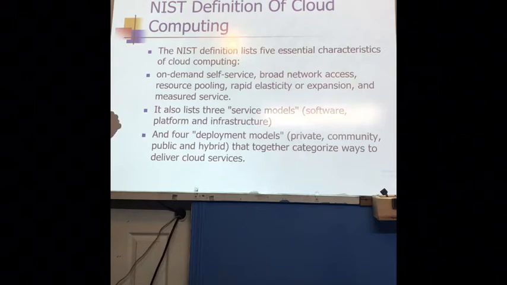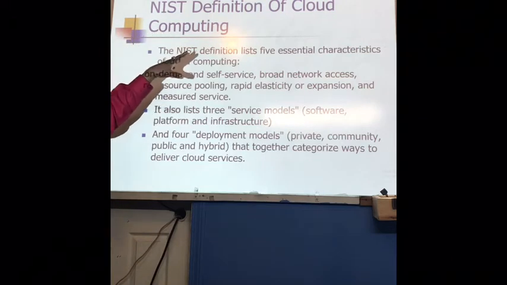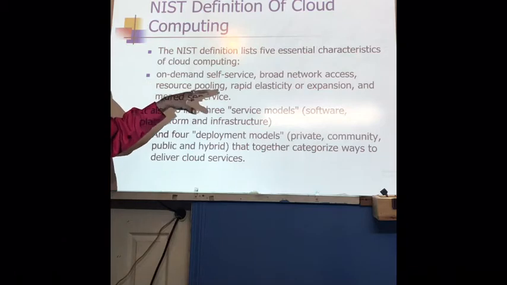Those are the 3 models according to NIST. And they also declare 4 deployment models, which are private, community, public, and hybrid. So you need to become very familiar with those terms and those types of service and those characteristics.